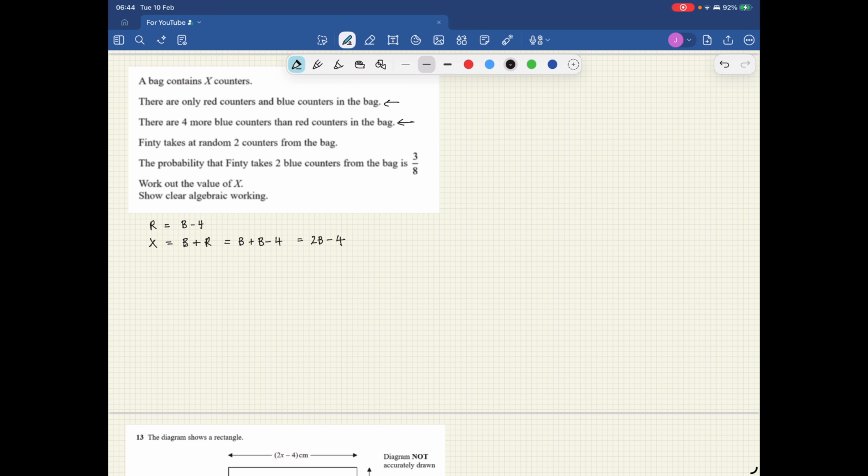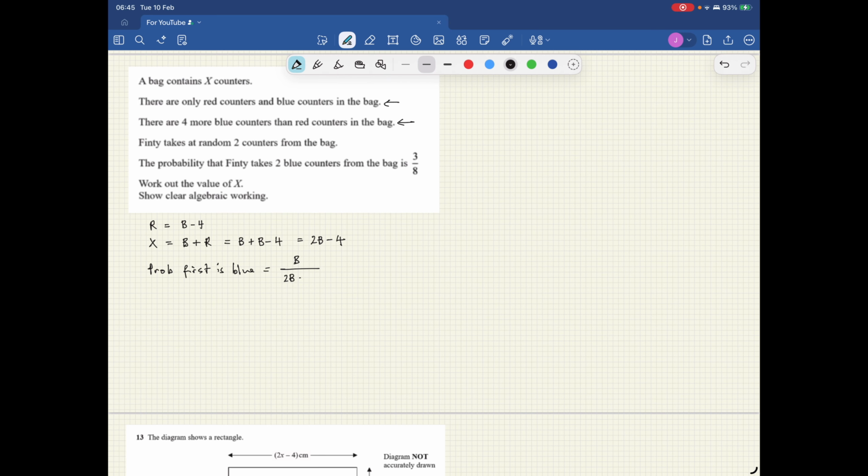Right, so the probability that he takes, let's write it down, probability that first is blue equals, well, it's still the number of blue counters, and it's out of the total number of counters, but the total number of counters we've decided is 2B minus 4.